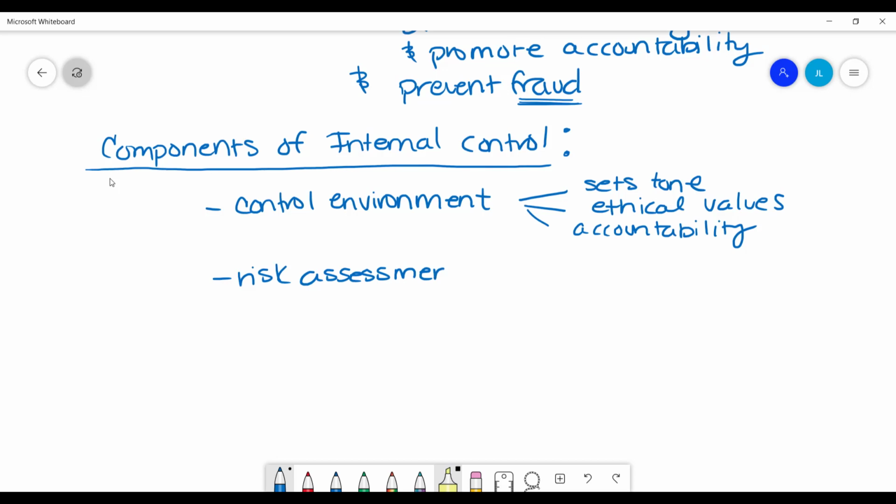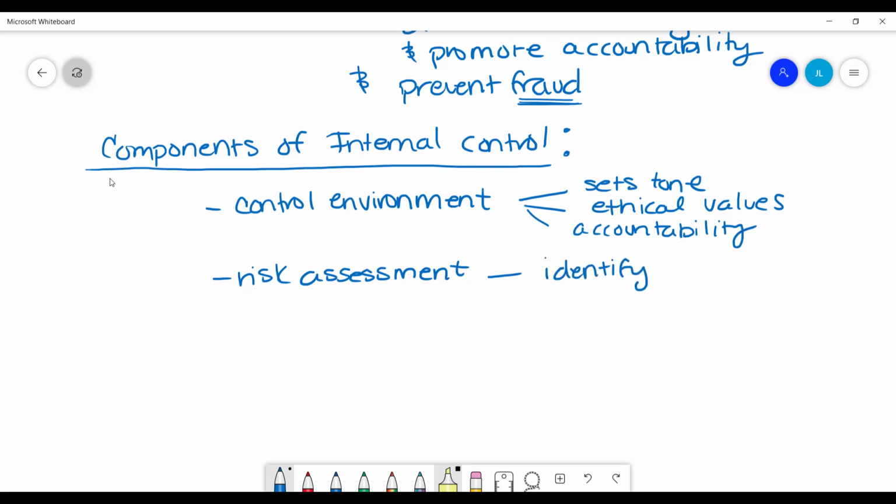Okay, and this one is basically identifying, analyzing, and managing risks that pose a threat to that organization's goals. Okay, so identifying, analyzing, and managing risks that pose a threat to a company's goals. Okay, so this involves identifying those risks and then implementing risk mitigation techniques, right?